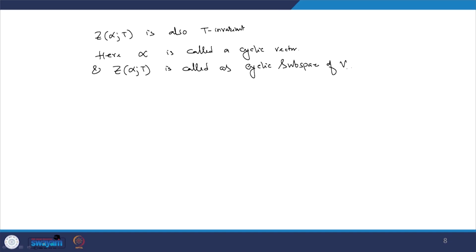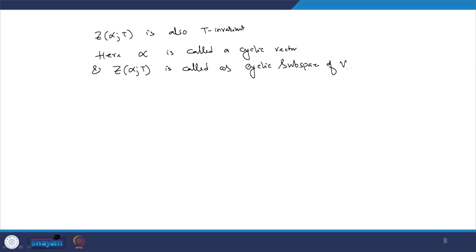Now, this concept will help us split the space V as a direct sum of cyclic subspaces, and this is a very lengthy proof. So, I will leave this proof to you as self study or homework. If you have any difficulty, we will definitely discuss this proof in the tutorial class.